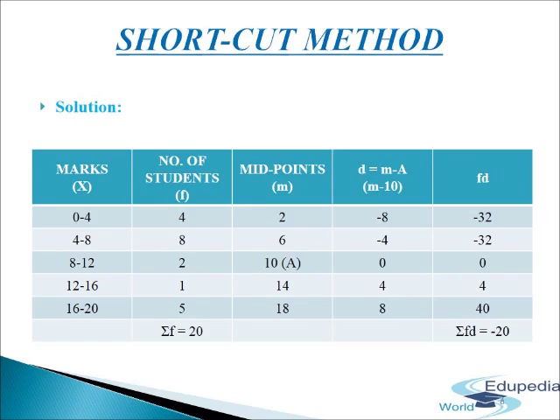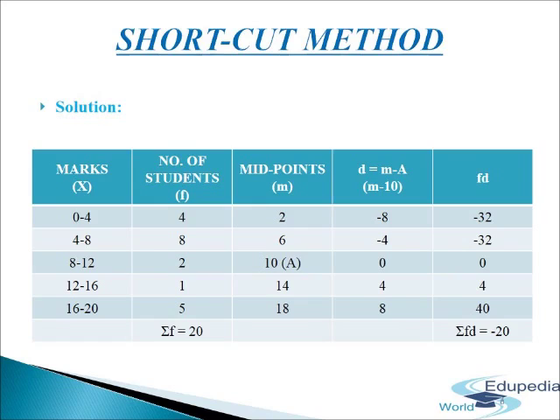In the third column, we will write the midpoints that we get by applying the formula of L1 plus L2 divided by 2, where L1 is the lower limit of the class interval and L2 is the upper limit of the class interval. After getting the midpoints, we will take 10 as assumed mean for the following illustration.